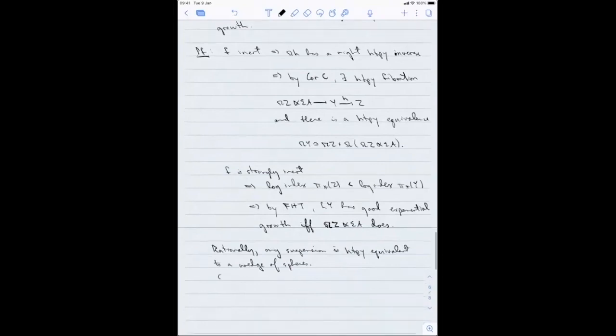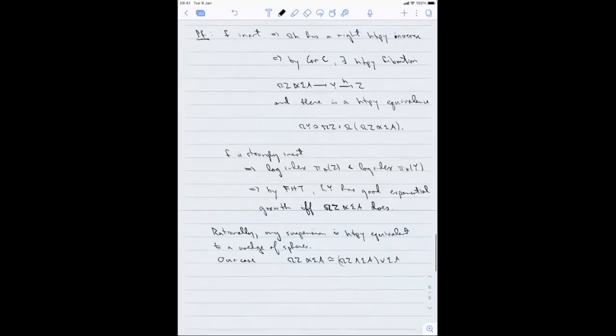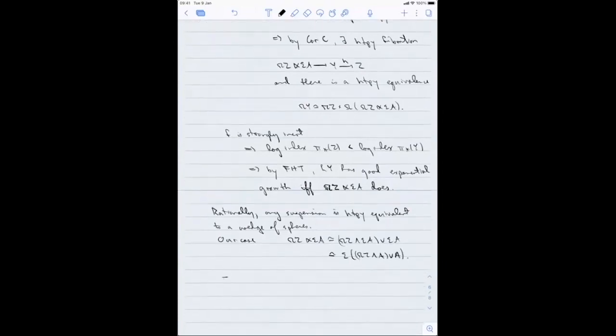And in our case, loop Z half smash suspension A is homotopy equivalent to loop Z smash suspension A, wedge suspension A, and we can write that as the suspension of loop Z smash A, wedge A. So loop Z half smash suspension A is homotopy equivalent to a wedge of spheres.